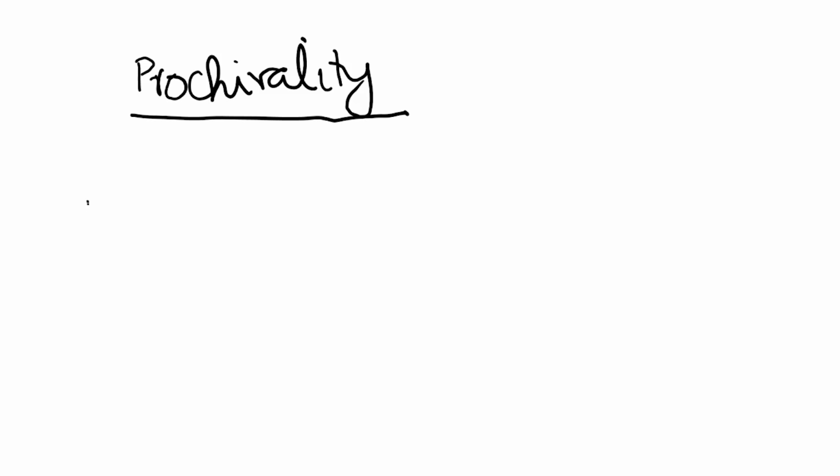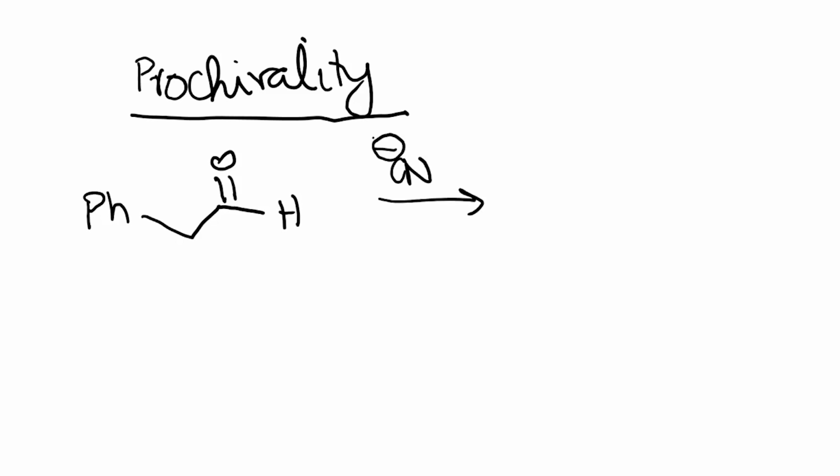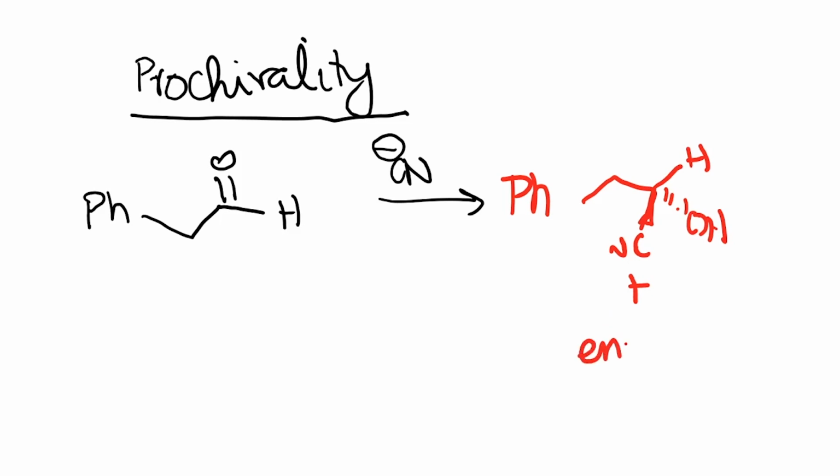Okay, so here is the example that we looked at in the previous lectures. So when you add a cyanide to this molecule, you actually end up having a racemic mixture. And so let's look at that structure over here. You have the possibility of CN being front and OH being behind, and hydrogen here, plus the enantiomer, right?